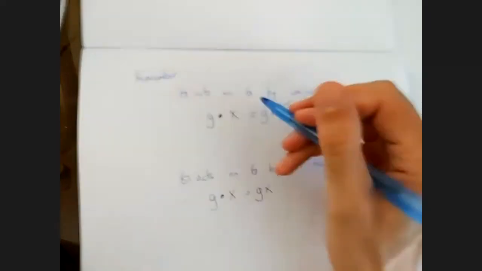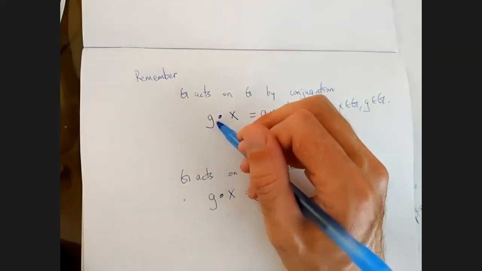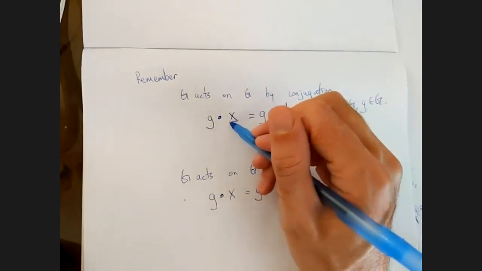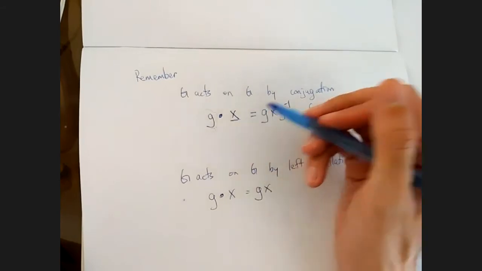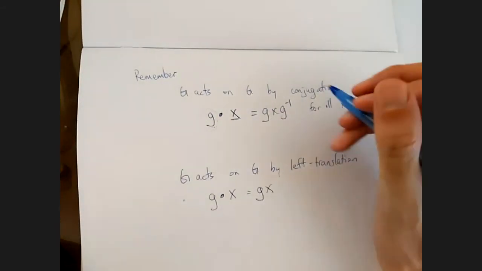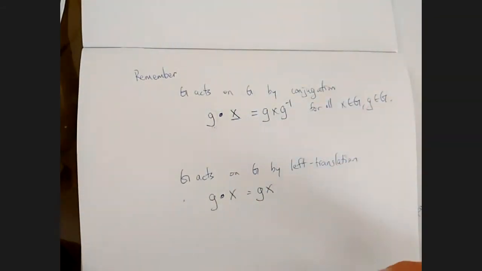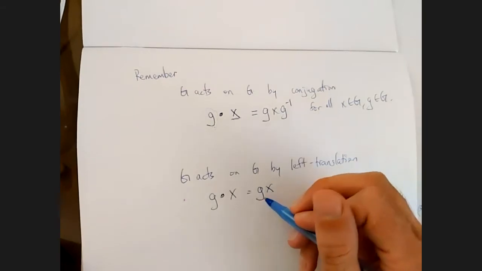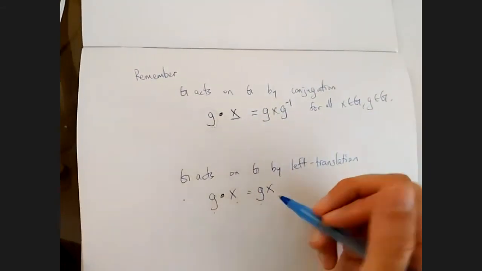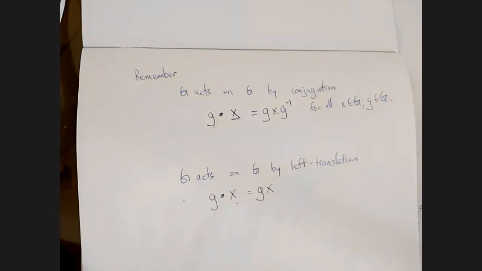The reason I use X here and a G here is because G is the thing that acts, and X is the set that is being acted on. It just so happens that the group acts on itself. And here, this is the group action, and the definition is just regular multiplication.